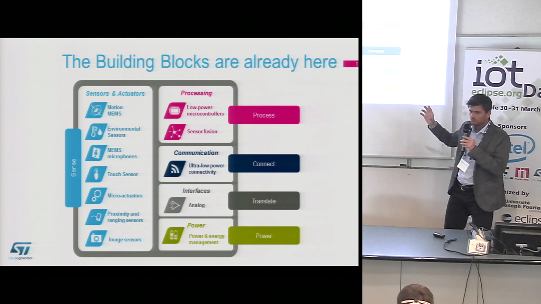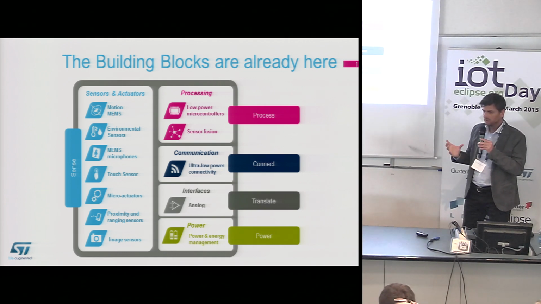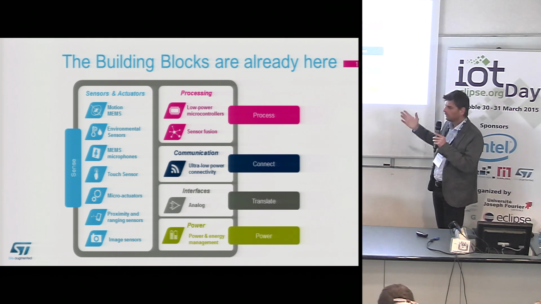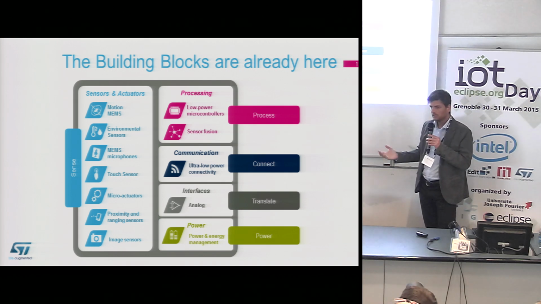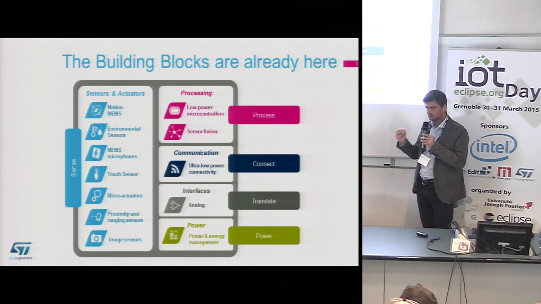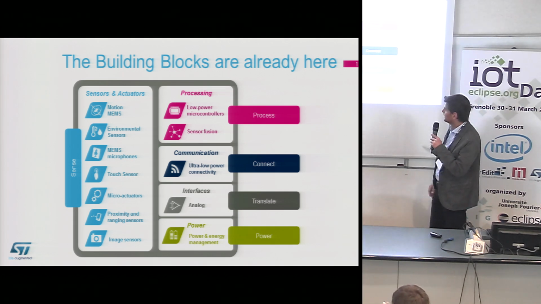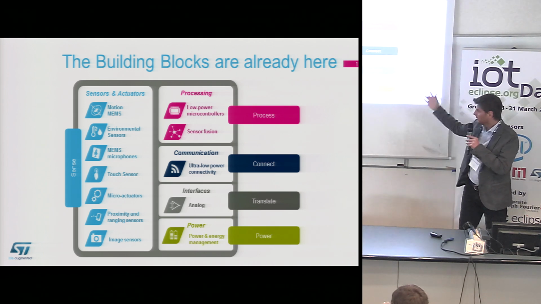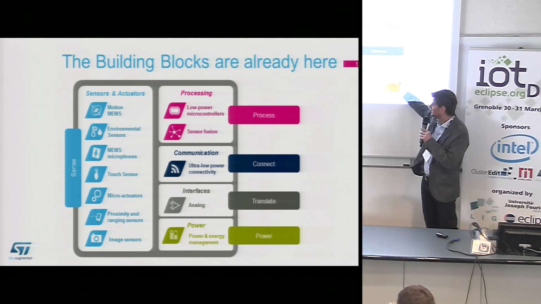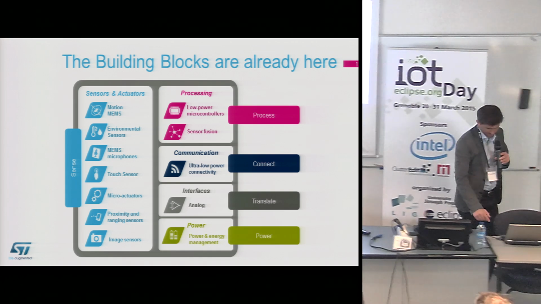You have the sensor fusion, which is the capability to make a fusion of all the information you have, which is more and more tricky, as you have a number of sensors on your application, and you need a very big exercise of making the fusion to extract the real information you need. And then, of course, the rest is the connectivity, so the RF connectivity, for example, and let's say the utility things, because you still need to power and to put some analog stuff.